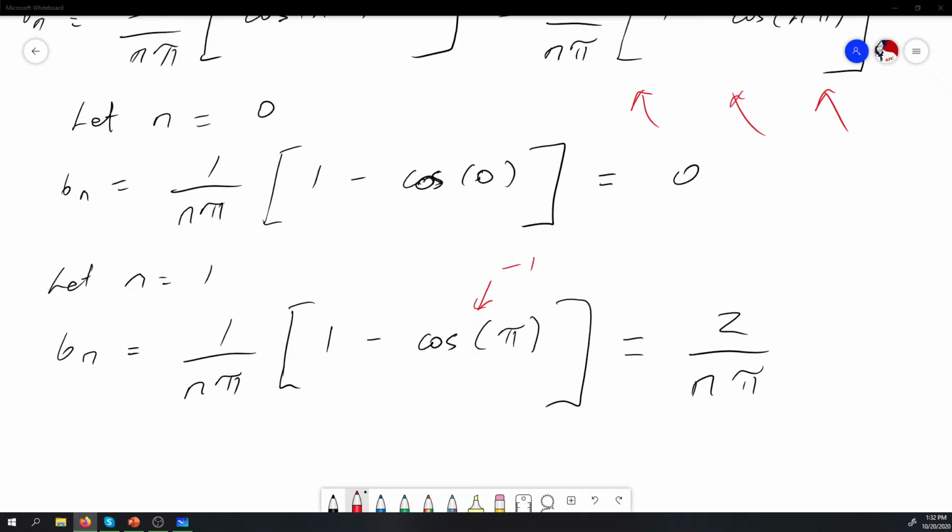No, it's still going to be -1 regardless. So it's not going to be -1 to the power of n plus 1. Because cosine pi and cosine of 3 pi will give us -1, and if we solve for cosine of 5 pi, we'll get -1 regardless, because we're just dealing with odd values here for n to resolve this value here in particular.